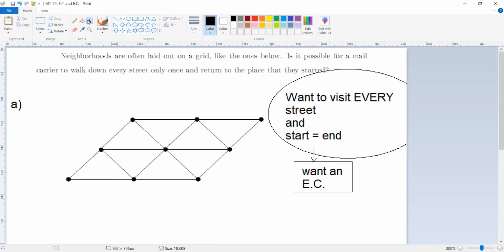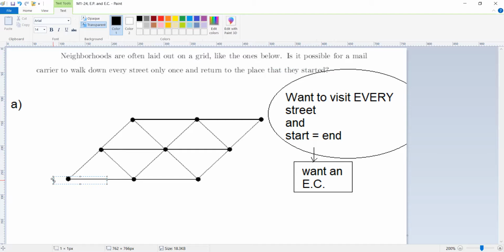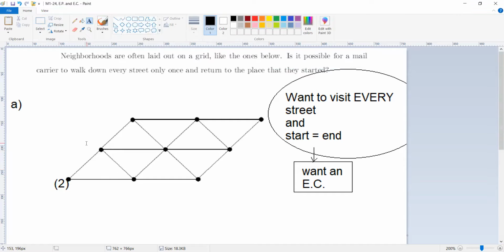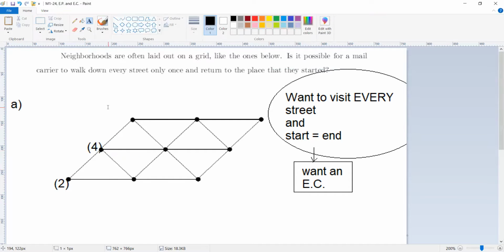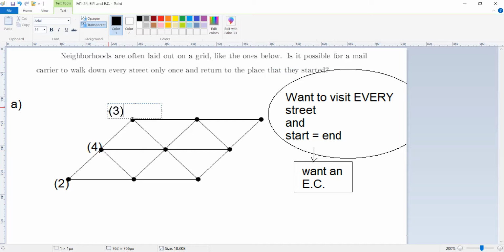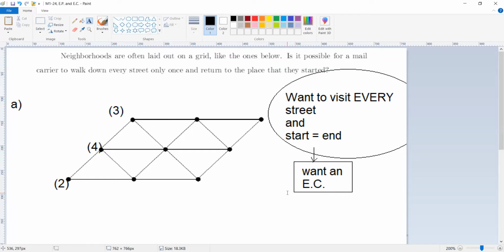Let's go with degree 2. And 1, 2, 3, 4 is going to be next. Degree 3. Okay, so I could stop right here. An Euler circuit cannot have any odd vertices.